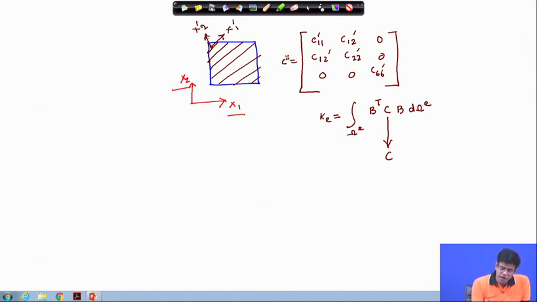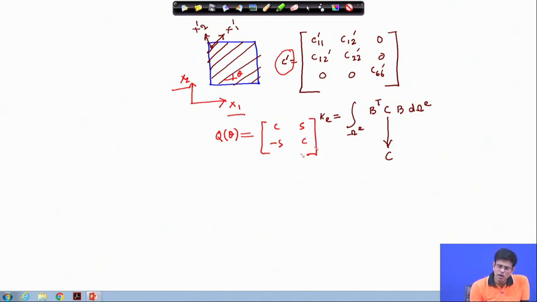That means this C prime needs to be transformed into the non-prime coordinate system, and to do that, we need to know the rotation, that is how these fibers are oriented along the x1 x2 plane, which is essentially the angle theta. So I can define Q theta, the rotation matrix, which can be written in terms of cos theta, sin theta, minus sin theta, cos theta, for the 2D case.